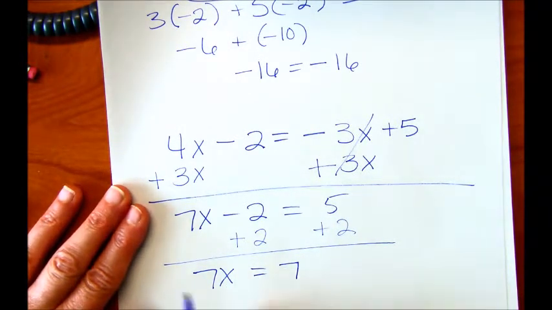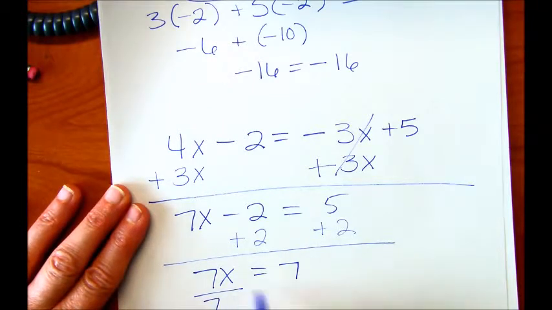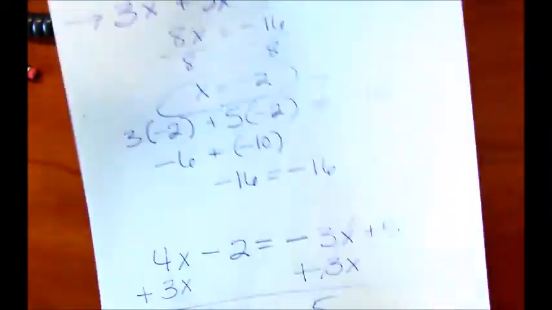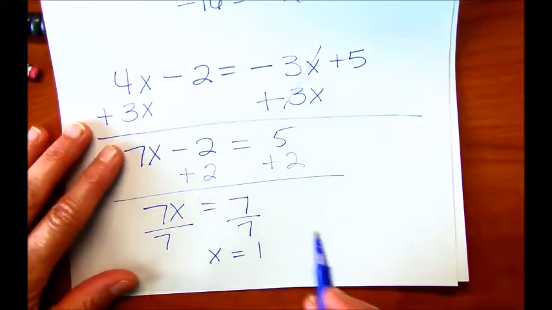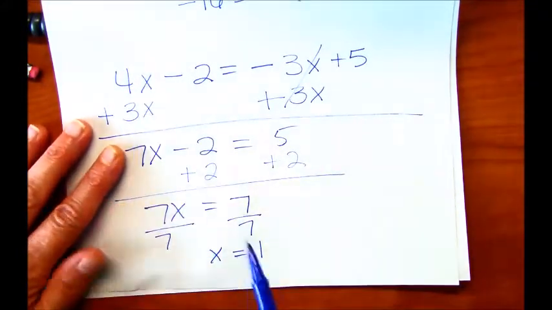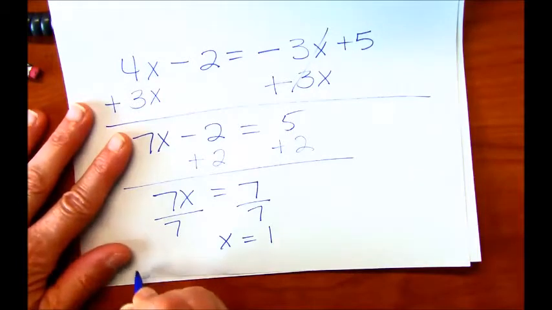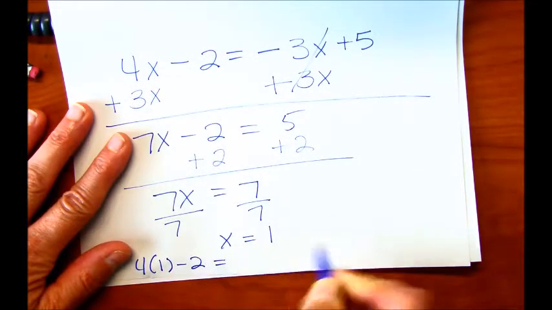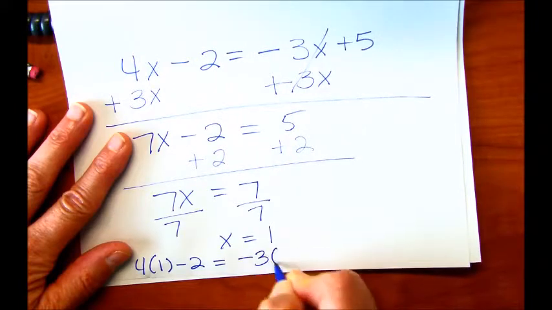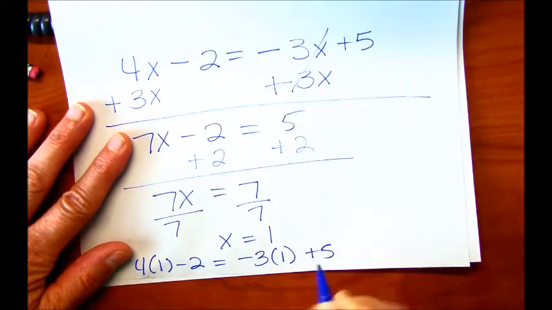Now this problem worked out nicely because clearly when we divide by 7, we're going to get 1. That's a nice, easy answer. If I were to plug this back into my original equation, I've got 4 times 1 minus 2 equals negative 3 times 1 plus 5.